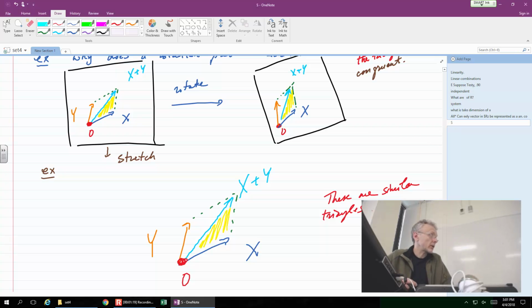And indeed, the triangles become similar. They're not identical, but they're similar triangles to the original. So this is what I'm talking about. And once again, if you have a parallelogram and you stretch it uniformly, then its diagonal remains the diagonal. So summation is preserved once again. Okay, so these are the examples of linear operations.